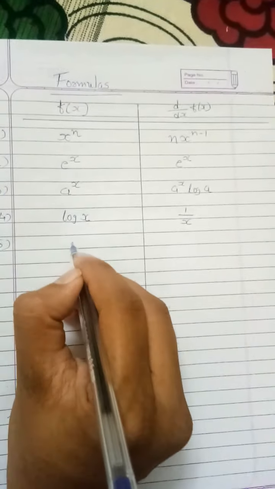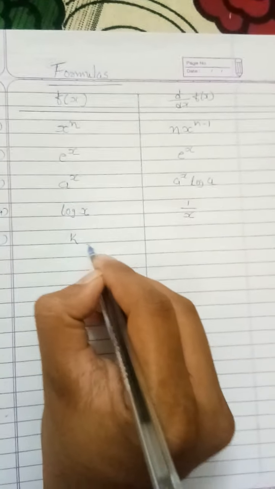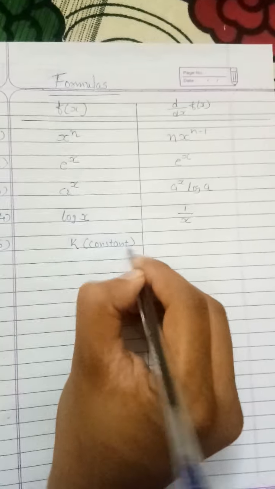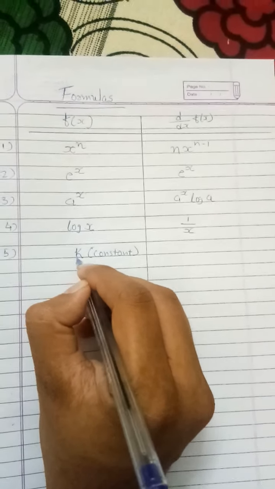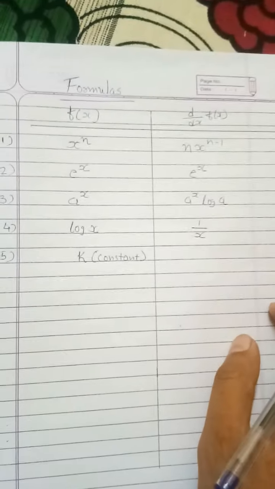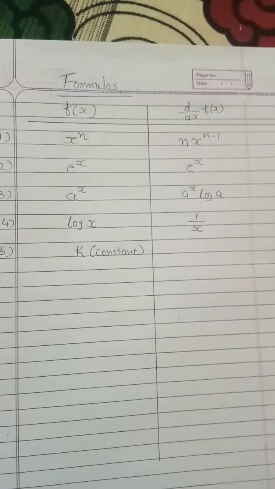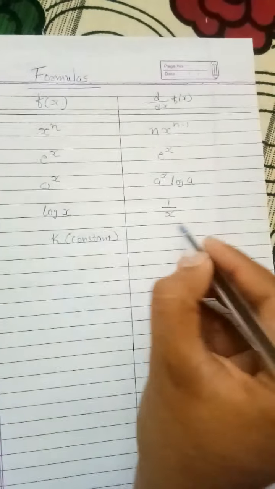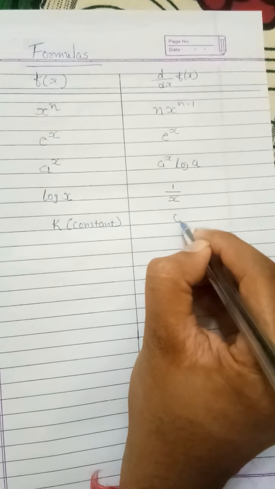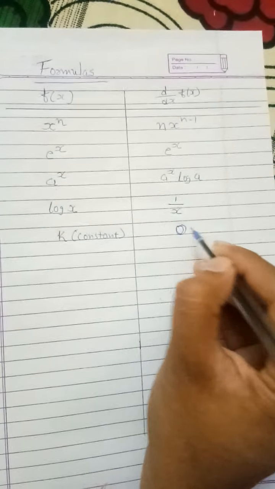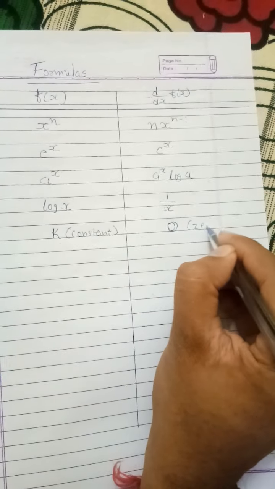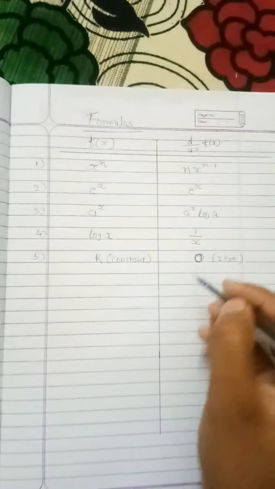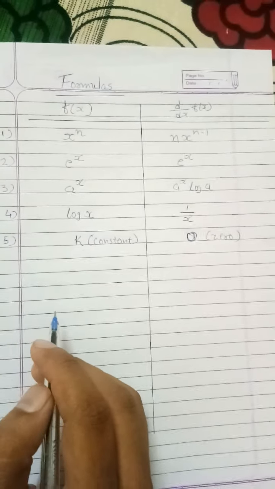Another is if k is given. What is k? K is a constant, meaning only a constant is given like 1, 2, 3, 4 up to infinite, or some letter like a, b, c, d. The derivation of this constant is always 0, not o, it's 0. Remember, derivation of any constant is 0.